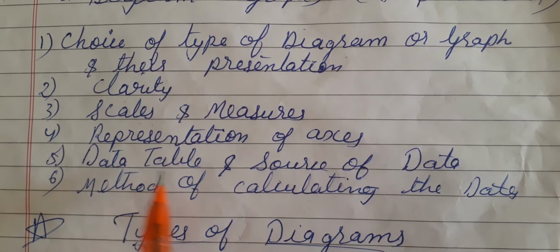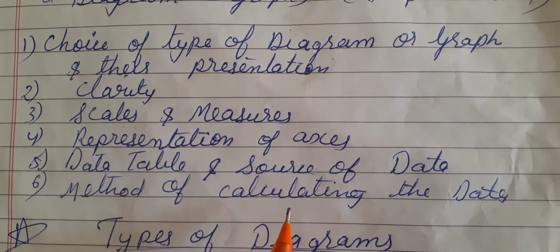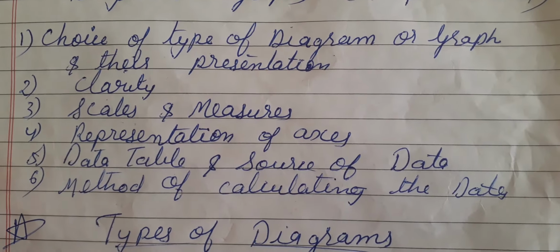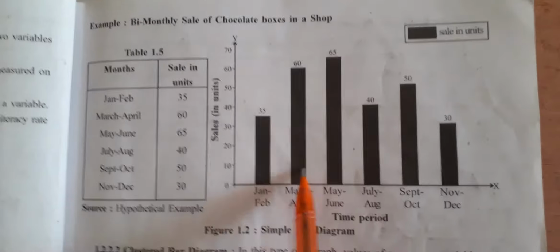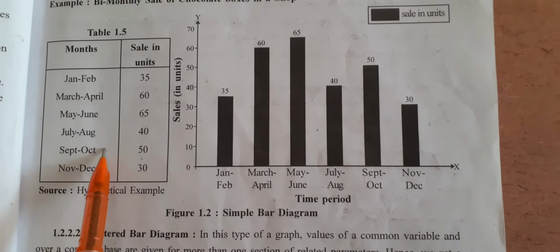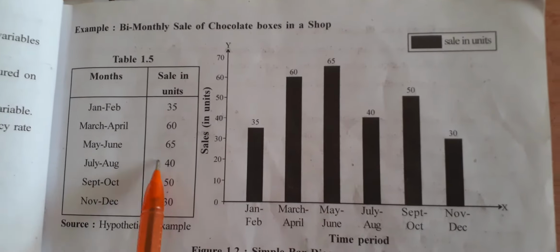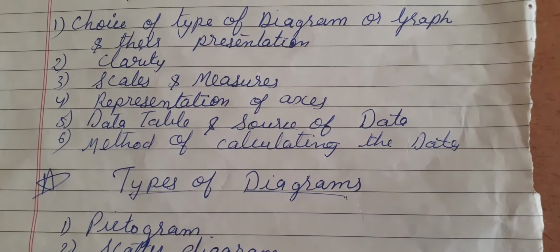Next is the data table and the sources of data. So the diagram, the graph must be accompanied by the data table. As we have seen, you always draw the table and then you draw the graph. This way students you can see. Suppose this is a bar diagram. Table is also drawn and on the basis of this you draw the bar, not directly the bar. So both should be there, table as well as the diagram.